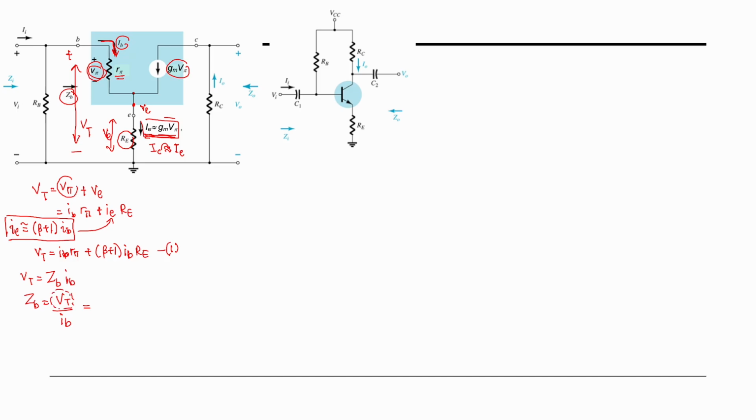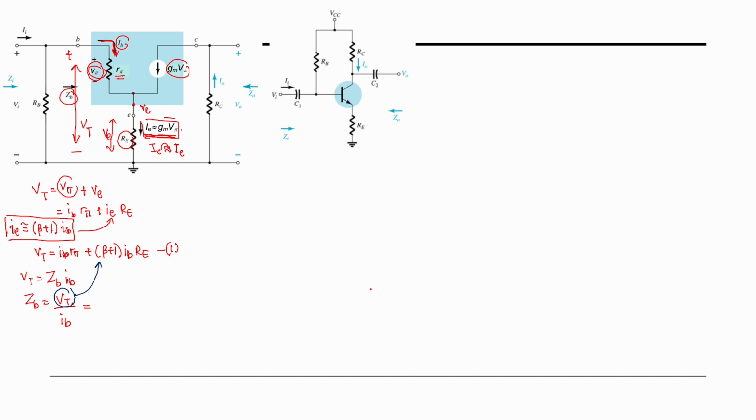Okay, so the VT is the one that we have calculated earlier. This VT, we can substitute with this value.